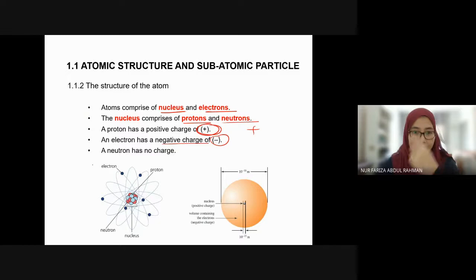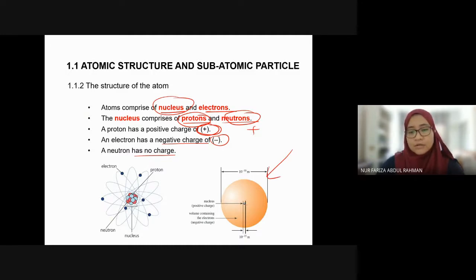A neutron, on the other hand, has no charge. It is a neutral particle. For the nucleus, we can only have protons and neutrons.